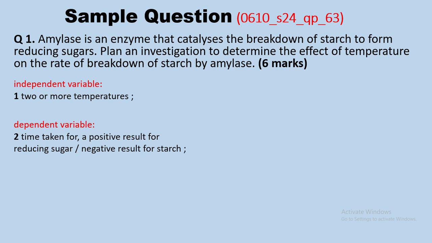So the method you use to arrive at any of these variables, or how they are measured or determined, needs to be well stated. Now, if you look at the dependent variable, we talk about the time taken for a positive result for reducing sugar, or time taken for a negative result for starch. Why do we have to go in these two possible ways? Very easy.